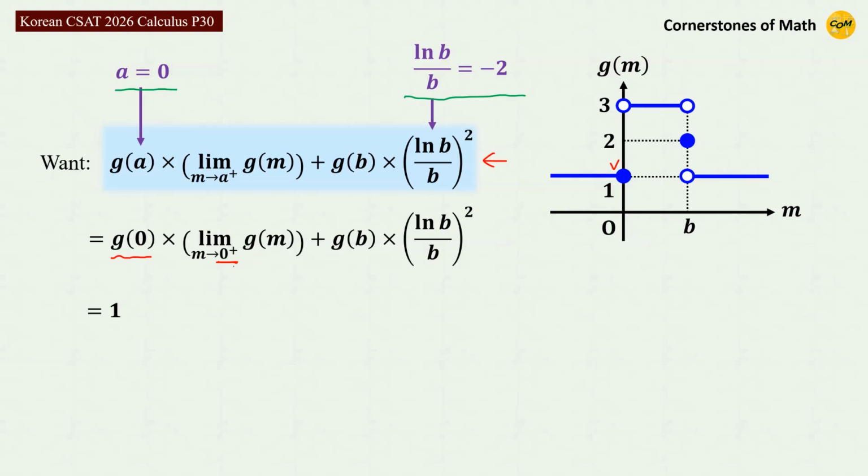Next, the limit of g of m as m approaches 0 from the right, so this limit, apparently approaches 3, so the value of the limit is 3, and next g of b is this value right here, so it is 2, and finally ln b over b is negative 2, so we have negative 2 squared. Therefore, we obtain the answer 11.